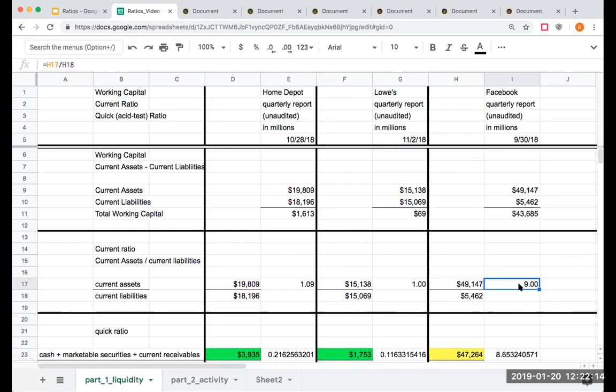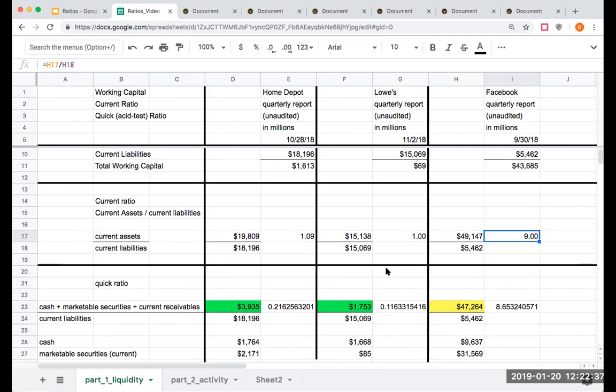So their current ratio is about 9. If I was a creditor and was planning on either loaning money or doing business with one of these companies, this is something I would want to be looking at, because how liquid is this company? How quickly are they going to be paying me back?